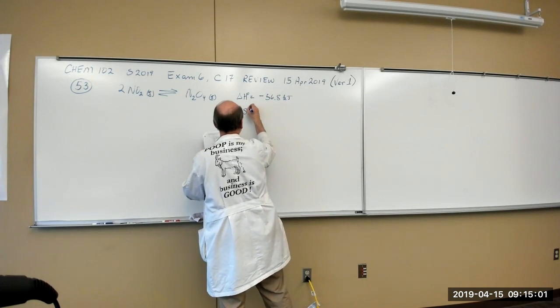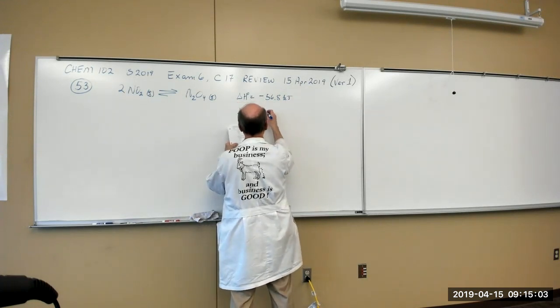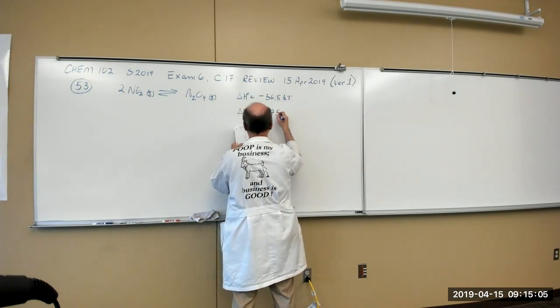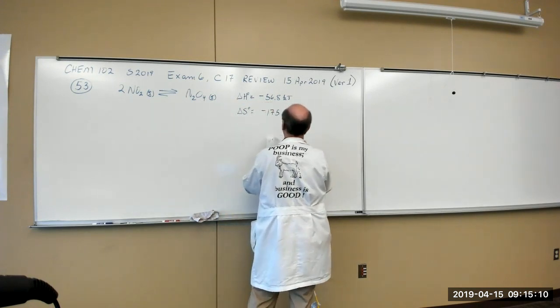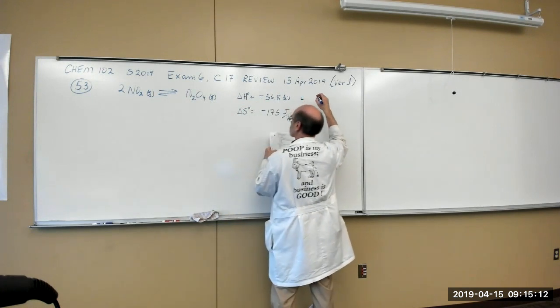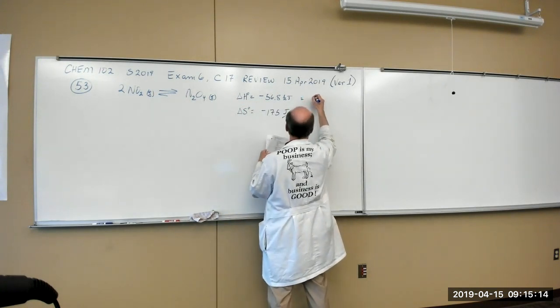Delta S is minus 175 joule per K. I have a sneaking suspicion we're going to need to do this anyway.